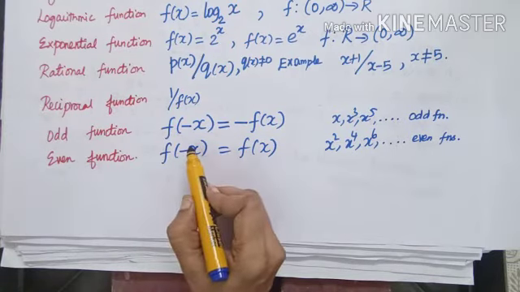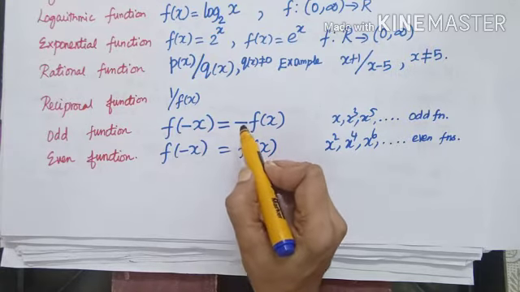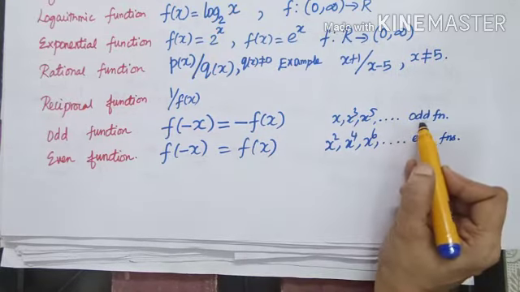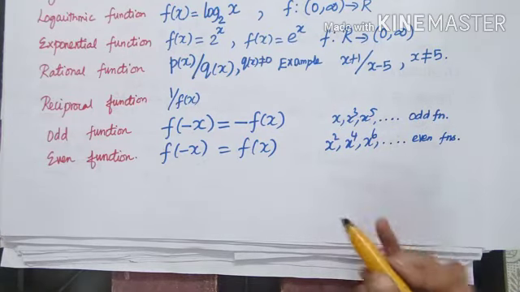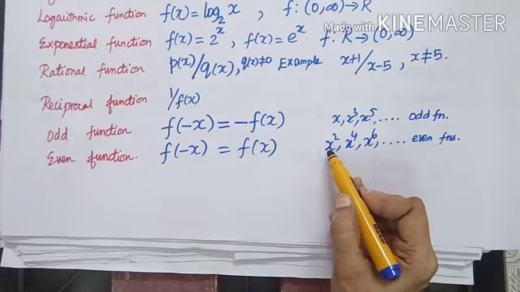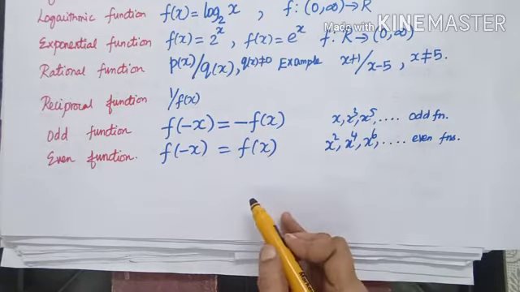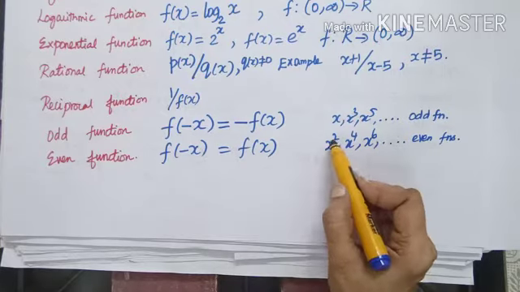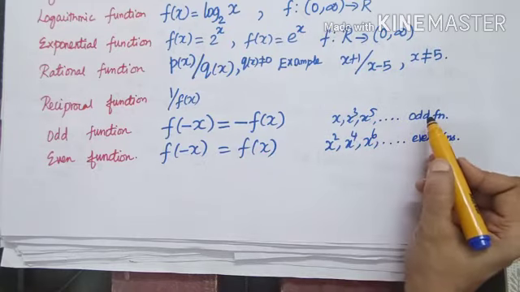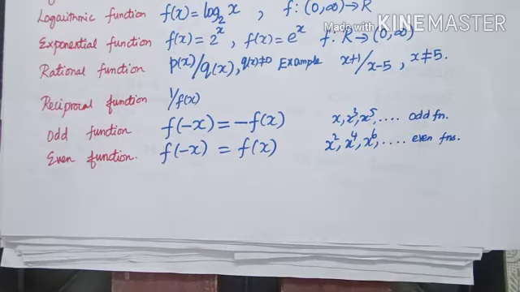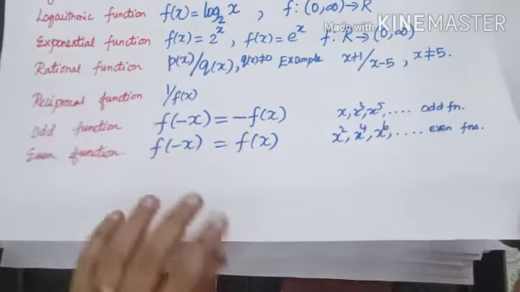So let us remember, wherever x is coming, I put minus x. Sign changes, it is odd. So x, when I change to minus x, my answer is minus x. Sign changes, so odd. But x square, even if I put minus x the whole square, my answer is positive. So powers are even, we declare they are even functions. Powers are odd, we declare them to be odd functions. And in trigonometry, we will study in detail about these things.